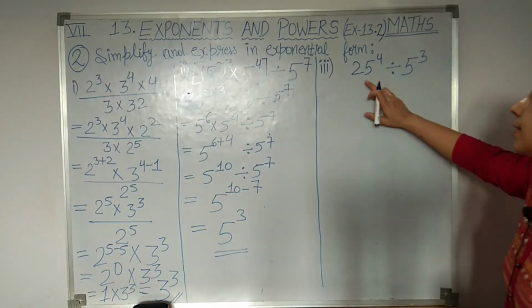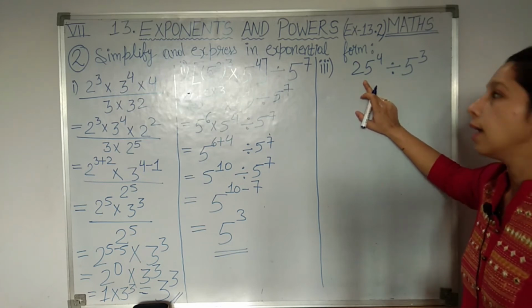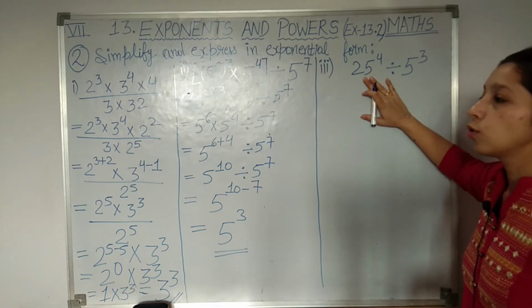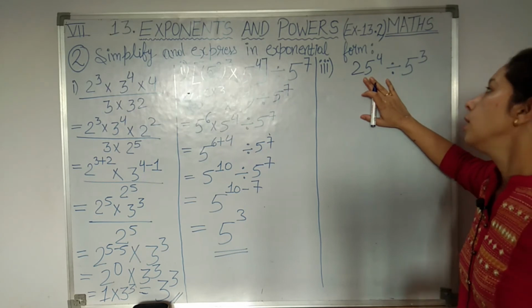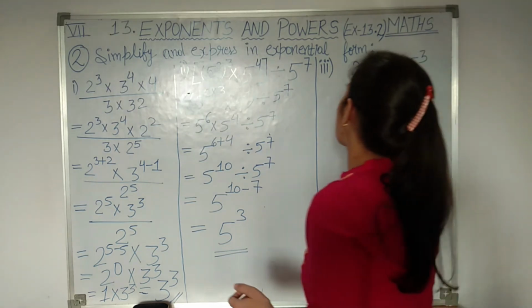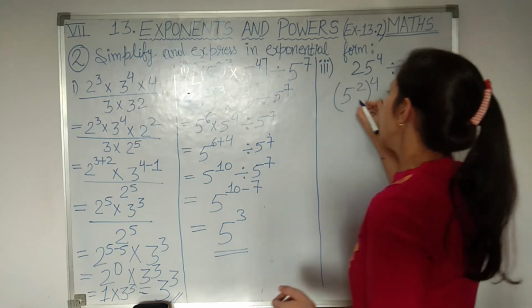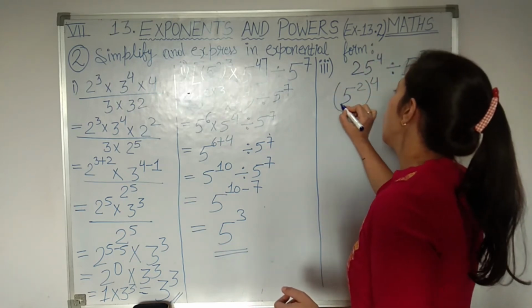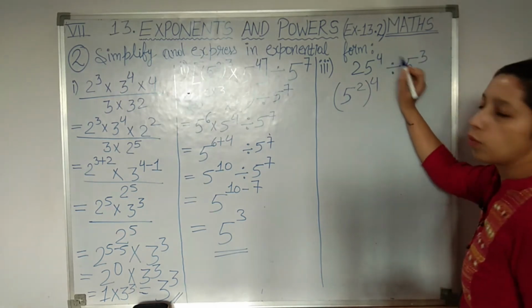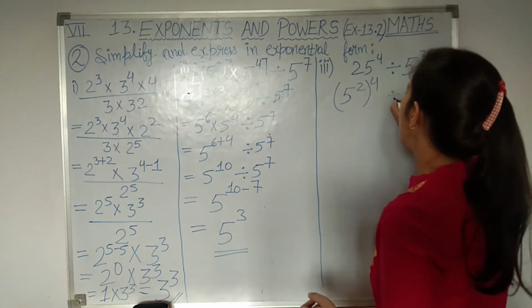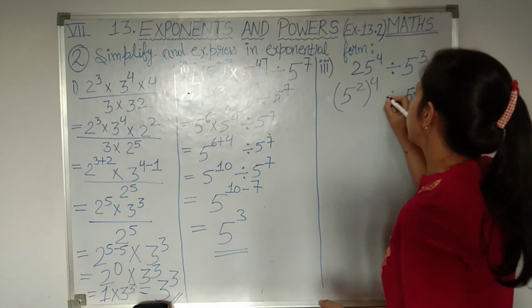Third point, here you can see 25 is a whole number. So first we have to write it in exponential form. So 25, how to write? 25 may be written as 5 square, isn't it, students? 5 5s are 25. So here I have written 5 square whole raised to the power 4, which was given here. Then divided by 5 raised to the power 3.